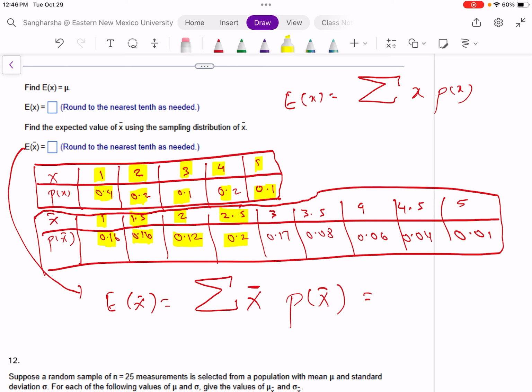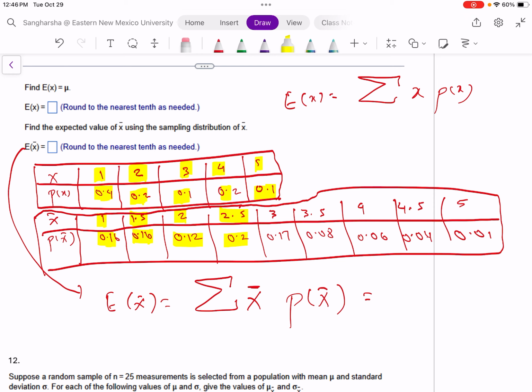How are you going to know x bar is biased or unbiased? Once you calculate these two values, you should have the conclusion. So if you get exactly the same value, x bar is an unbiased estimator.